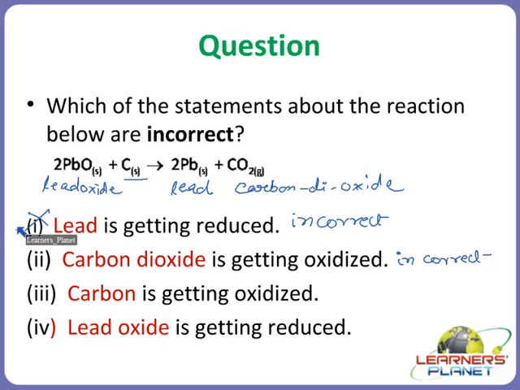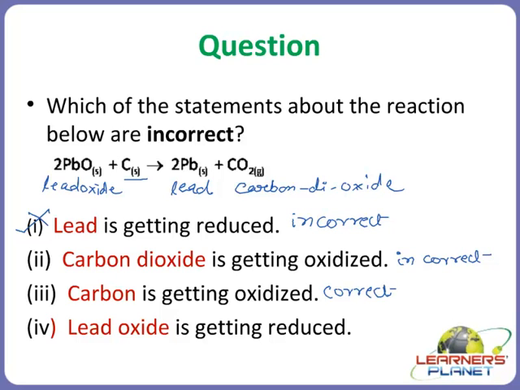Now, our next statement is carbon is getting oxidized. Just see here, this solid carbon is converted to carbon dioxide. And I have told you addition of oxygen is called oxidation. And so it is a right statement. This is the correct statement.